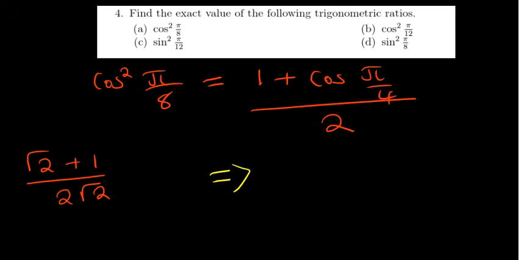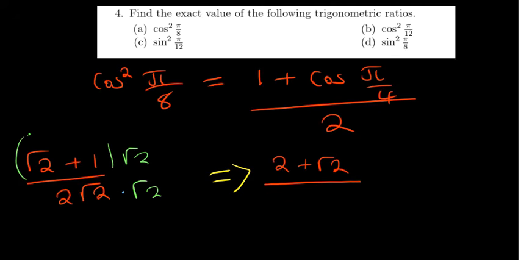You can multiply by the denominator so that you do away with the root. So you multiply again by root of 2. Root of 2 times root of 2 will be 2, and then 1 will be root of 2. In the denominator, you have 2 times root of 2 times root of 2 will be 2, so 2 times 2 will be 4.